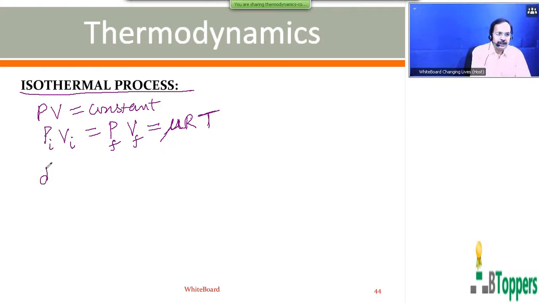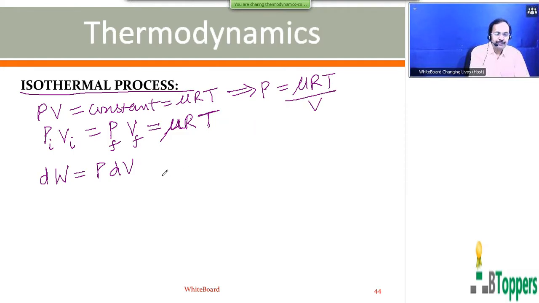So in general, work done by a fixed mass of a gas contained in a vessel, when the volume of the gas changes by an infinitesimally small amount dV, starting from volume V, is given by PdV. So PV equal to constant, which you can write as nu RT. So P can be written as nu RT by V.